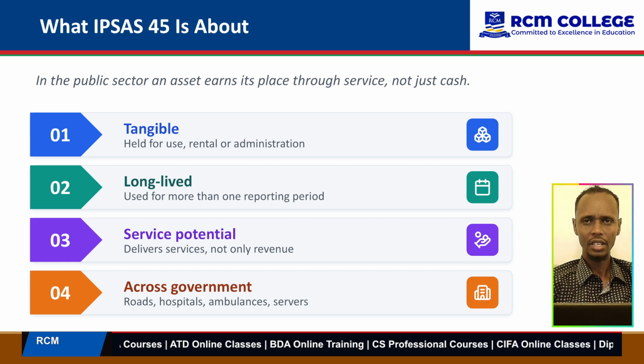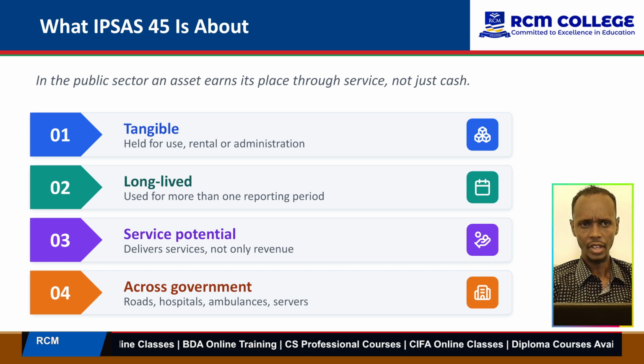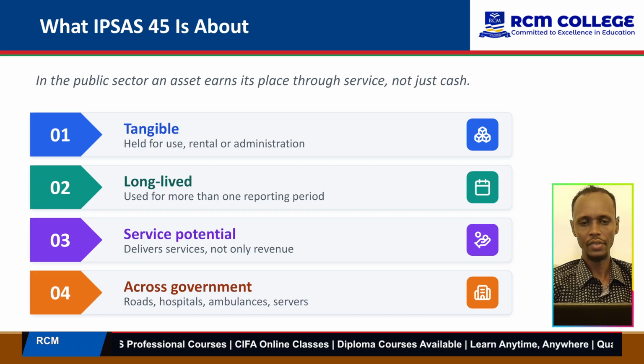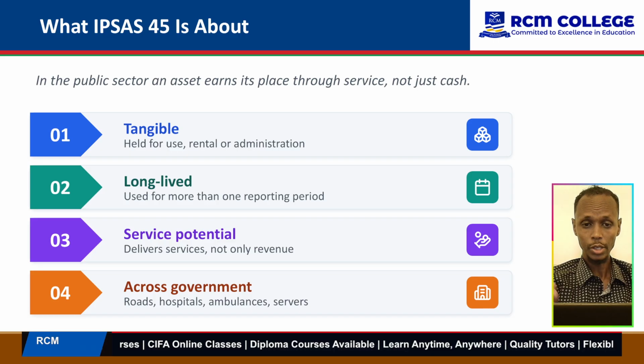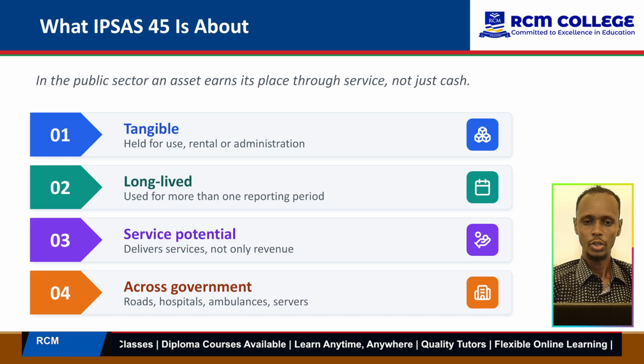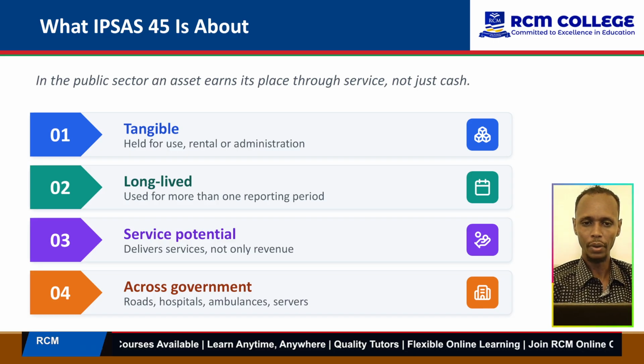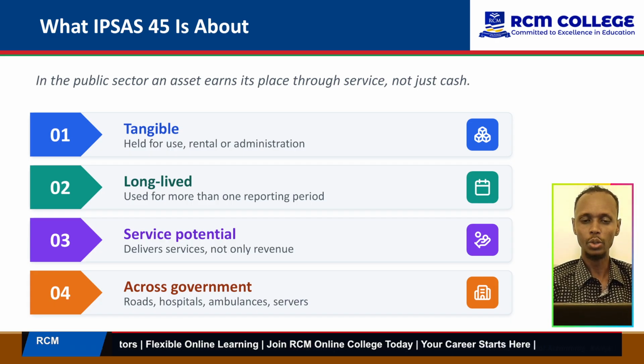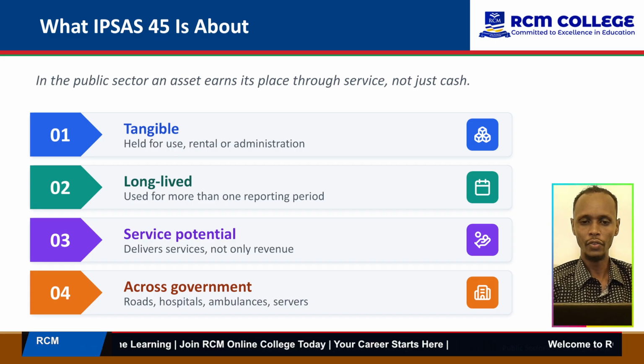Then in government, the main purpose is service delivery. We look at the service potential. That's why in the statement of financial performance, we have surplus or deficit. But in the private sector, the aim is to gain, the aim is profit making.